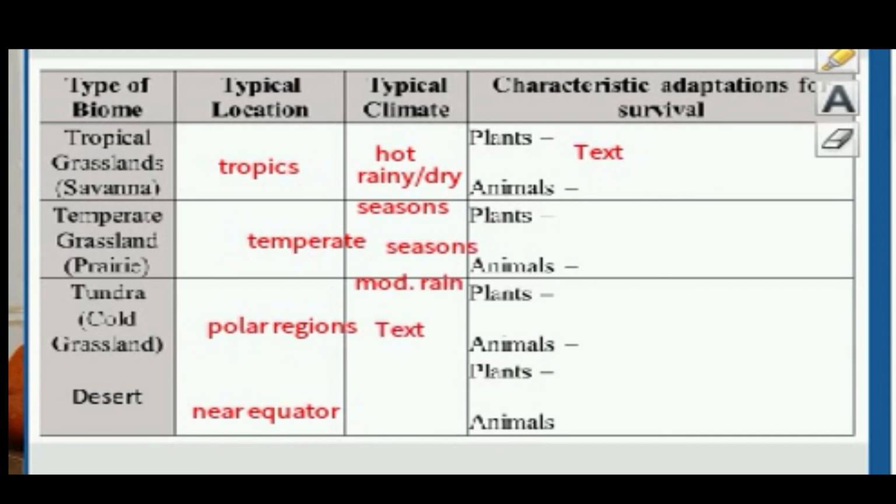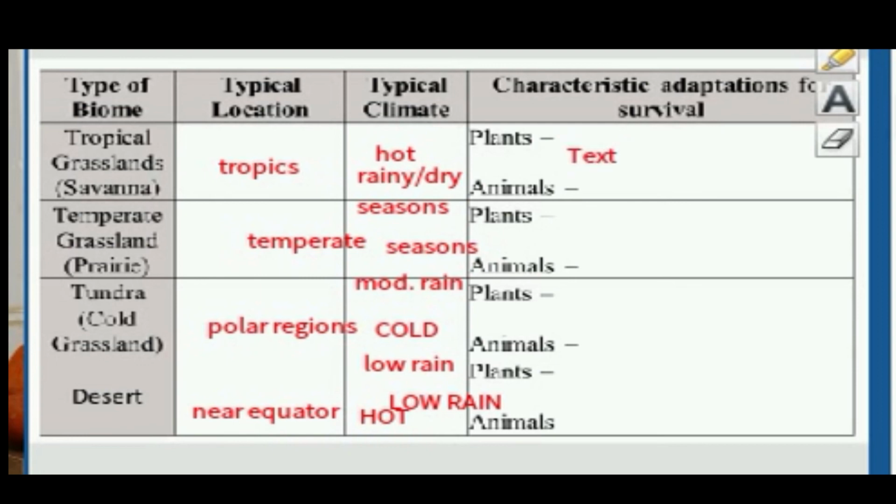Your tundra is going to be cold, low rain. And your desert is going to be hot and low rain. I'm going to write that big because you're going to have very, very little rain. Okay, so now let's talk about plants.